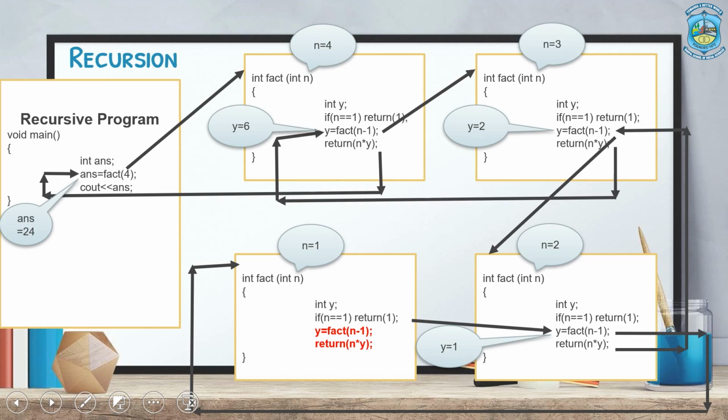If you go ahead and see the recursion example, you would see that there are multiple operations being done, and after the return also there is one operation, that is return n cross y. After every return, you are returning a value and then computing another return so that it could be returned to the calling function.